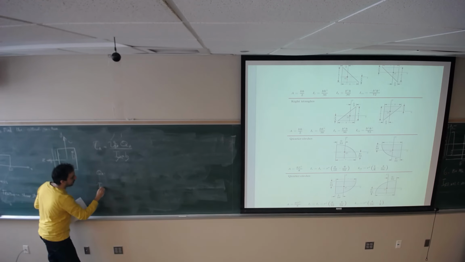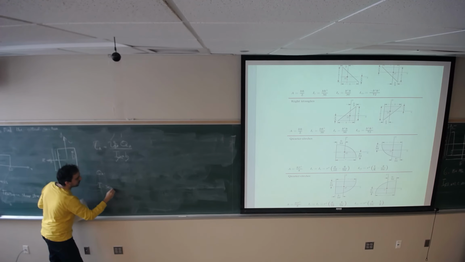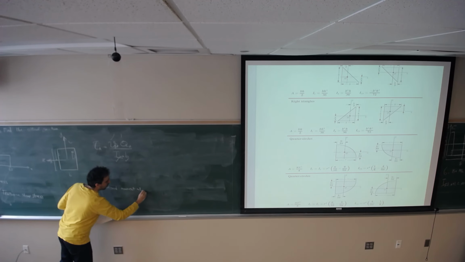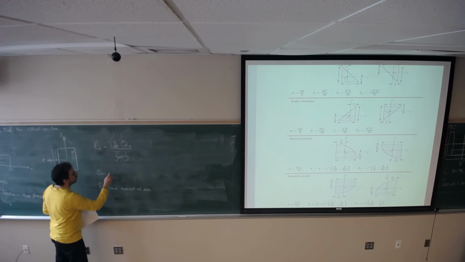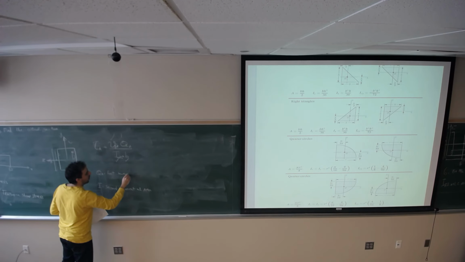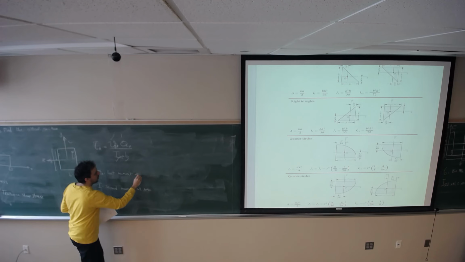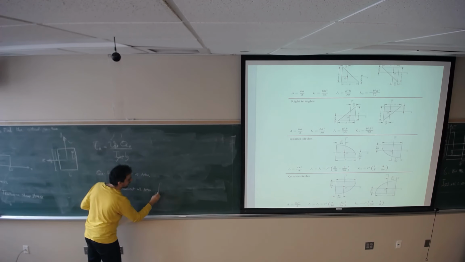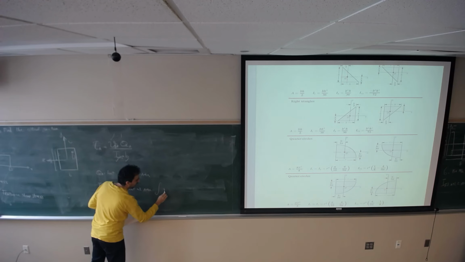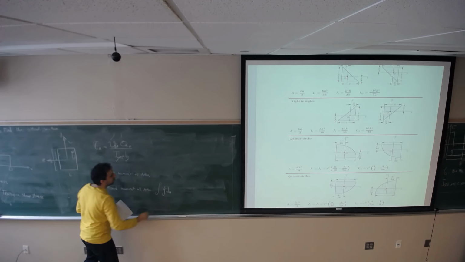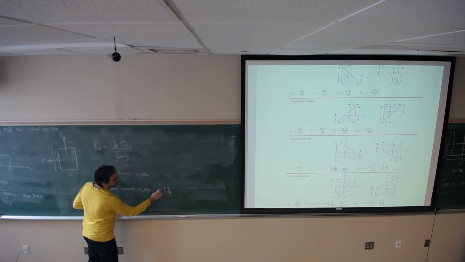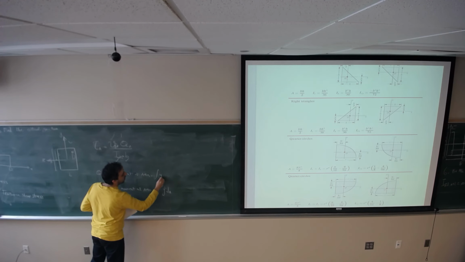I is the second moment of area. Q is the first moment. Second moment means integration of y squared dA. First moment, this y squared is going to change to y dA.